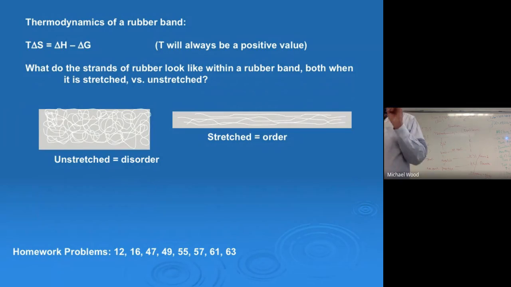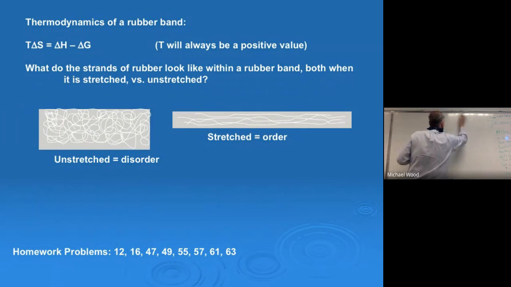Okay, so number three, this one's a little bit confusing. It says elemental mercury is a silver liquid at room temperature. We're given its normal freezing point and its molar enthalpy of fusion, to melt it, it's 2.29 kilojoules. What is the entropy change? Because it's a change of state, we can say that delta G is equal to 0.